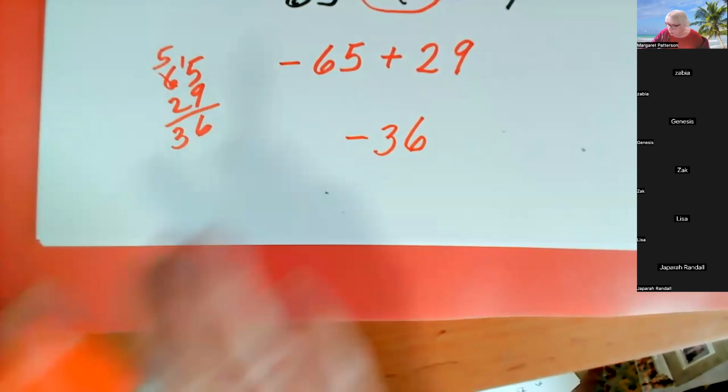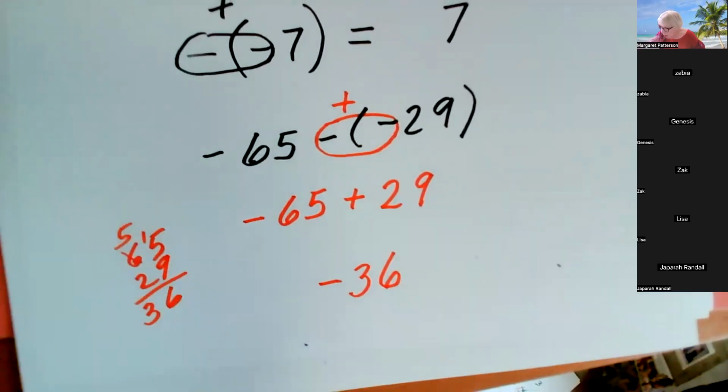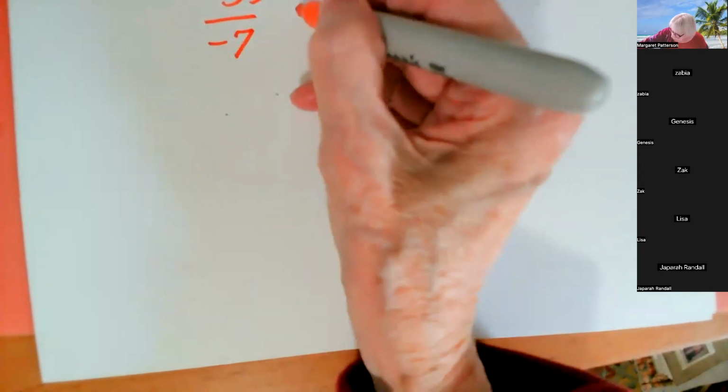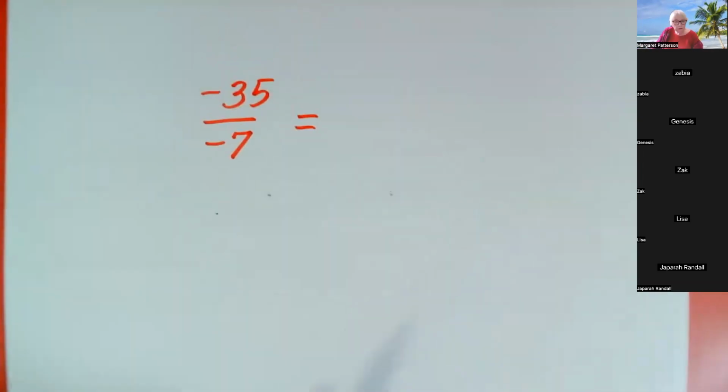So let's look at some others. -35 divided by -7. So the rules for division are totally different than the rules for what we just did, which was like adding and subtracting.